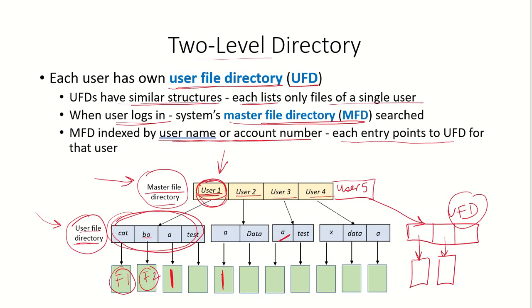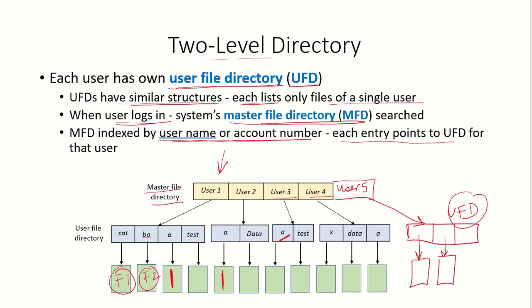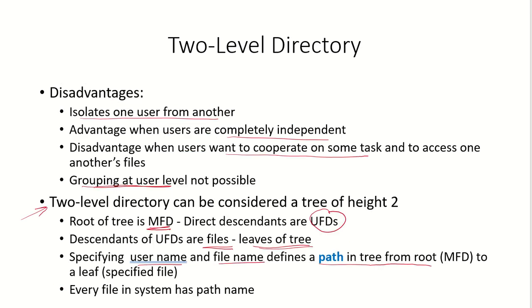So if the path has to be defined, from the root, which is the master file directory, if we want to go to file 1, then this path can be defined. So this becomes the path from the root to the leaf of this particular tree. So every file in the system has a path name.